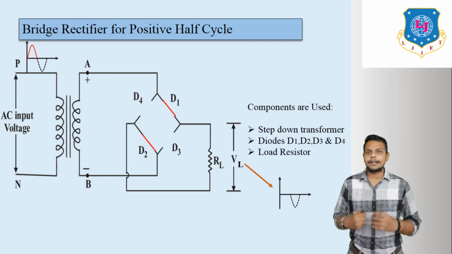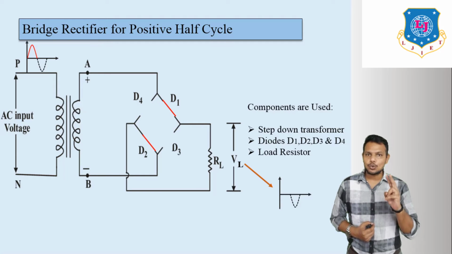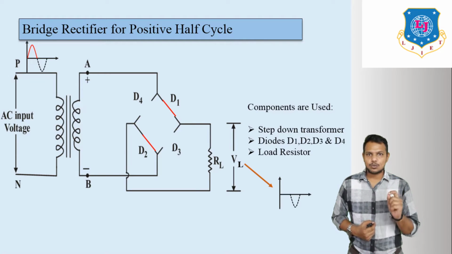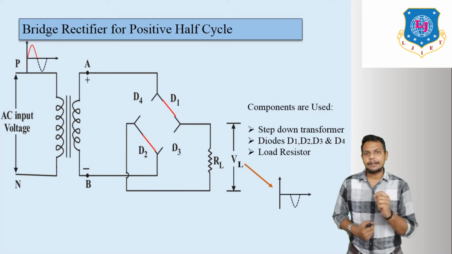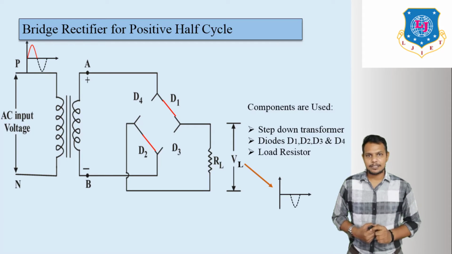This is the bridge rectifier for the positive cycle. If we enter the positive cycle here, at that time only two diodes work in forward bias, because two diodes are in the direction of flow of current, whereas two diodes D3 and D4 are in the opposite direction of flow of current. So they work in reverse bias.